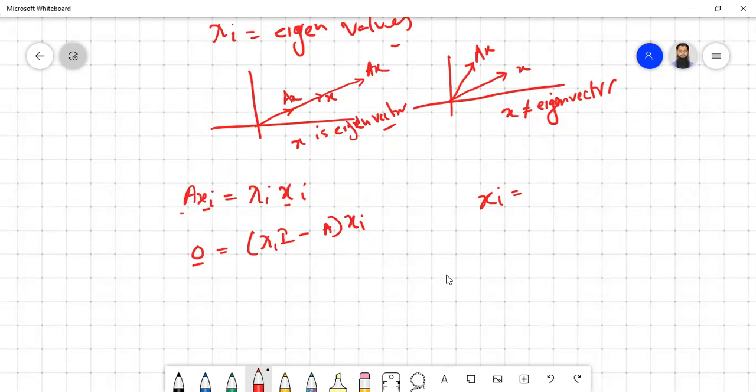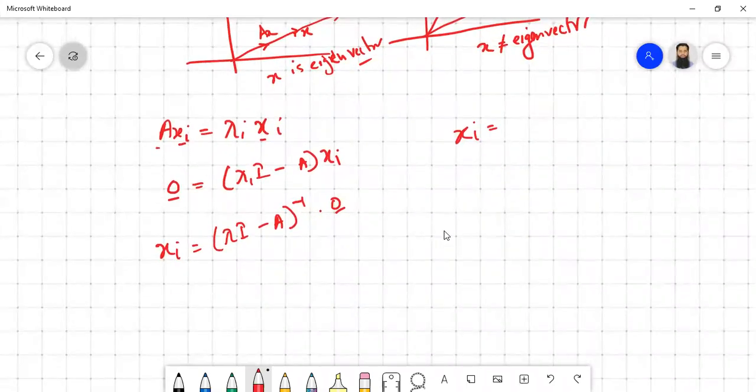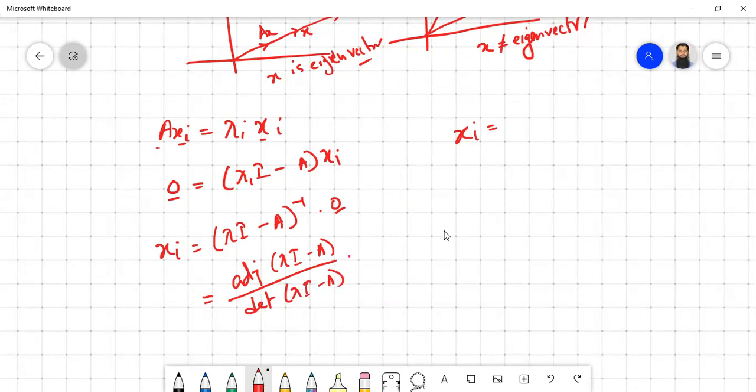So how can we show this? If you further simplify, xi equals the inverse of lambda I minus A into zero. The inverse matrix can be written as the adjugate of lambda I minus A divided by the determinant of lambda I minus A, into zero. If the determinant is nonzero, then xi would be zero, so it doesn't hold true.